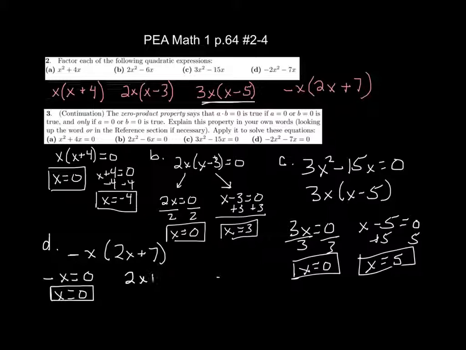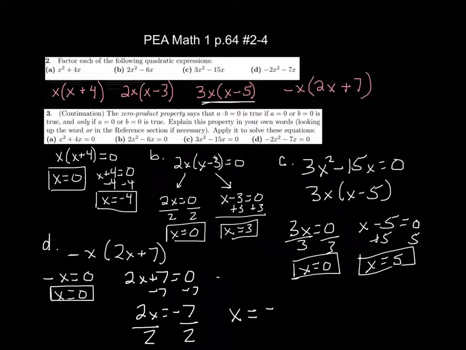Two x plus 7 equals 0. Subtract the 7 from both sides. 2x equals negative 7. Oh, this one's not nice at all. Divide by 2. And we get x equals negative 7/2.